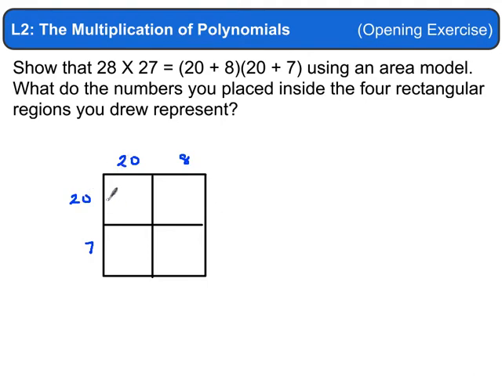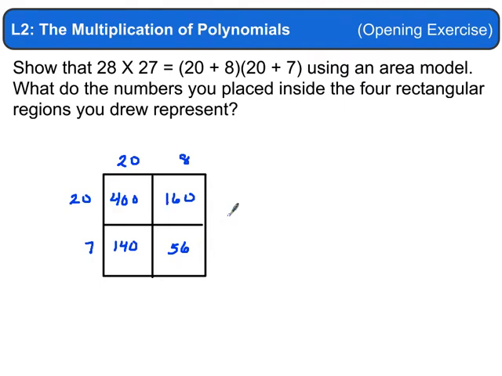So 20 times 20 would be 400. And then if we did 20 times 8, we'd get 160. If we do 20 times 7, we're going to get 140. And then if we do 8 times 7, we're going to get 56.